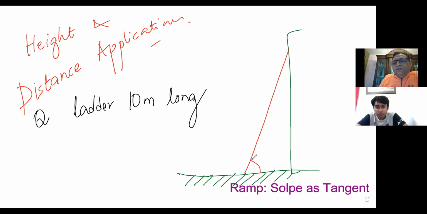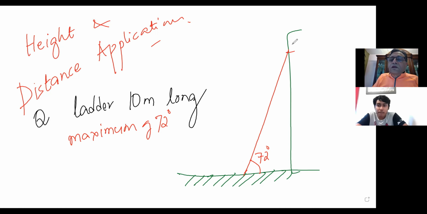We know that there is a limit to which you can make this angle. It cannot be very steep, right? If we can have a maximum of 72 degrees, let's say this angle is maximum 72 degrees, right? Then how high can the ladder reach?